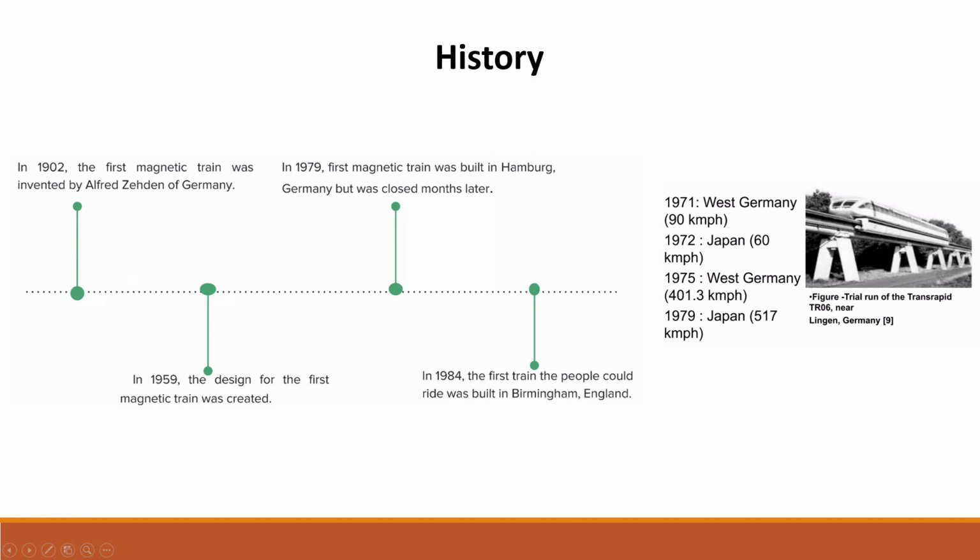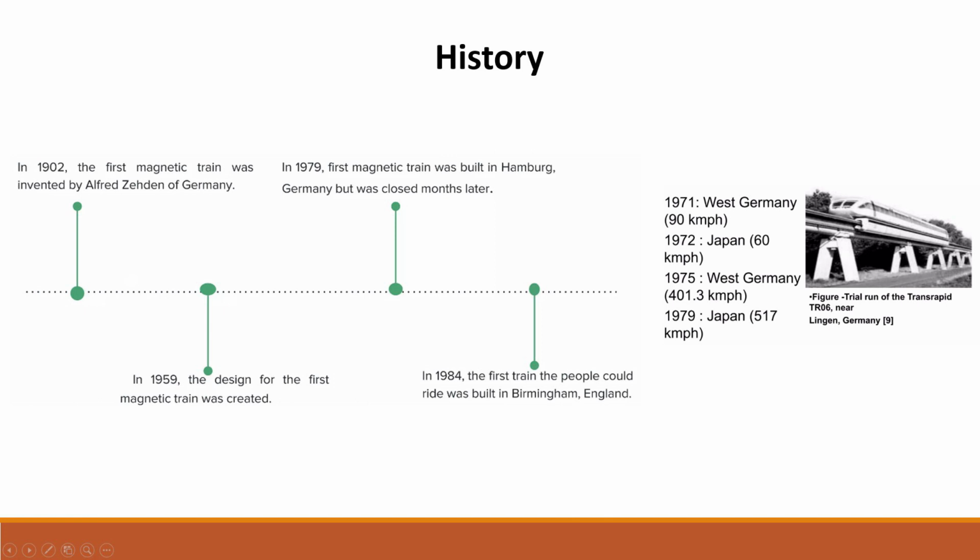Next, in 1979, the first magnetic train was built in Hamburg, Germany, but it was closed a month later for some mysterious reason, I don't know. And in 1984, the first train people could ride was built in Birmingham, England.